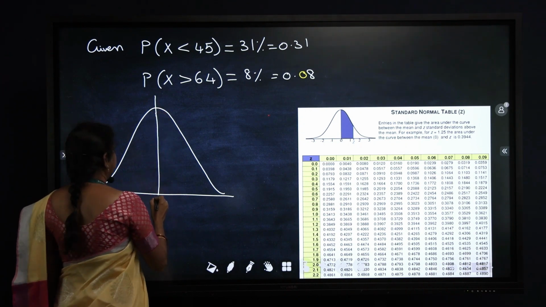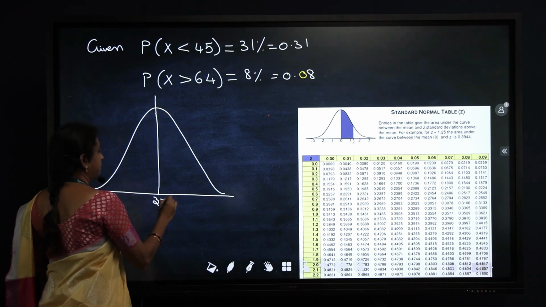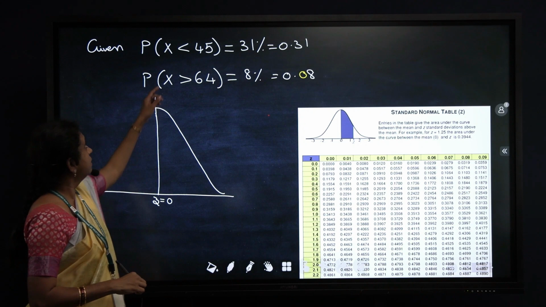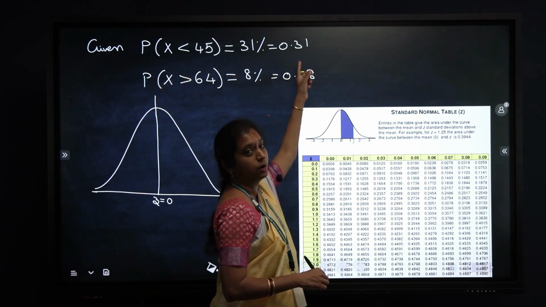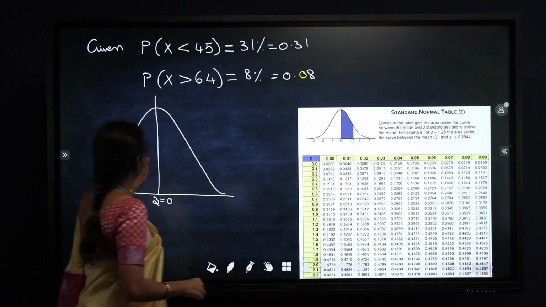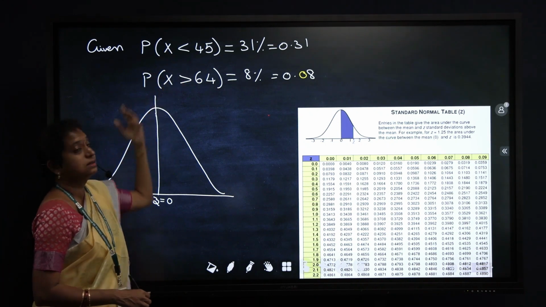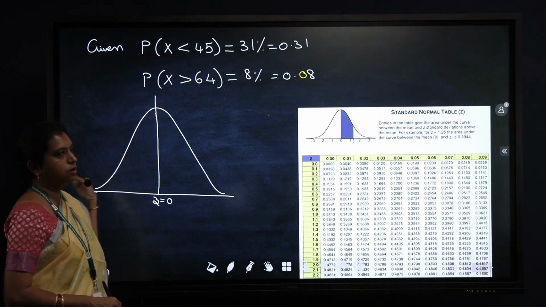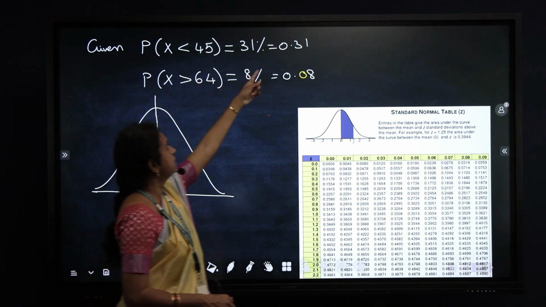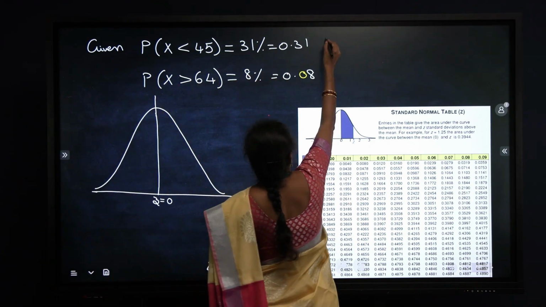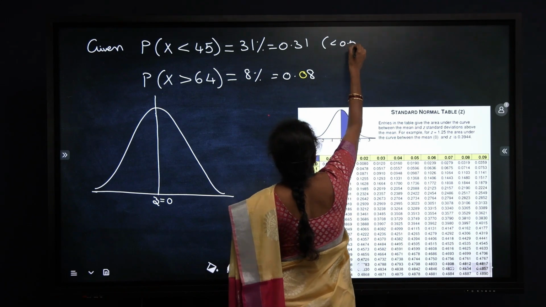Now we know that here z is equal to 0, right? And he has given x less than 45 is 0.31, and we know that this area is 0.5 and this area is 0.5. Less than means the area will be on the left side, and he has given 0.31, which is less than 0.5.